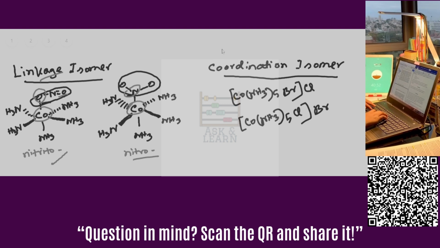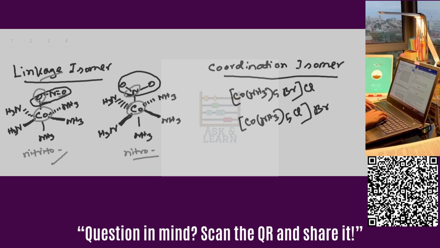On the other hand, in the case of coordination isomerism, one of the coordinated ligands exchanges its place with a non-coordinated counter ion.